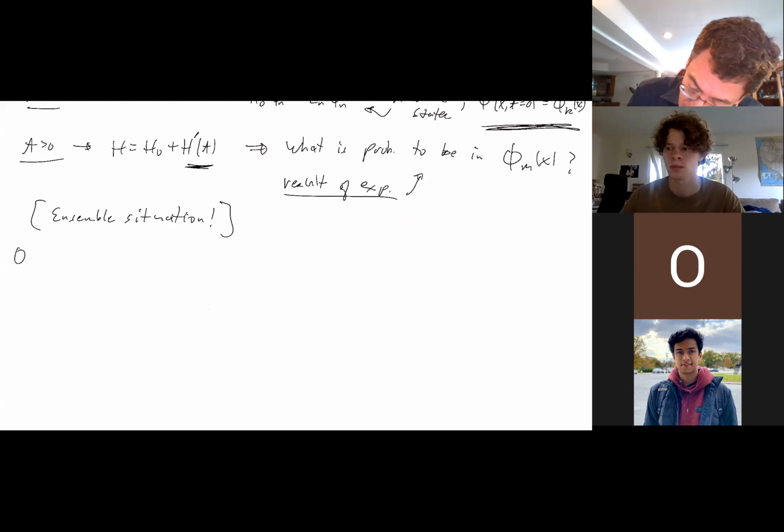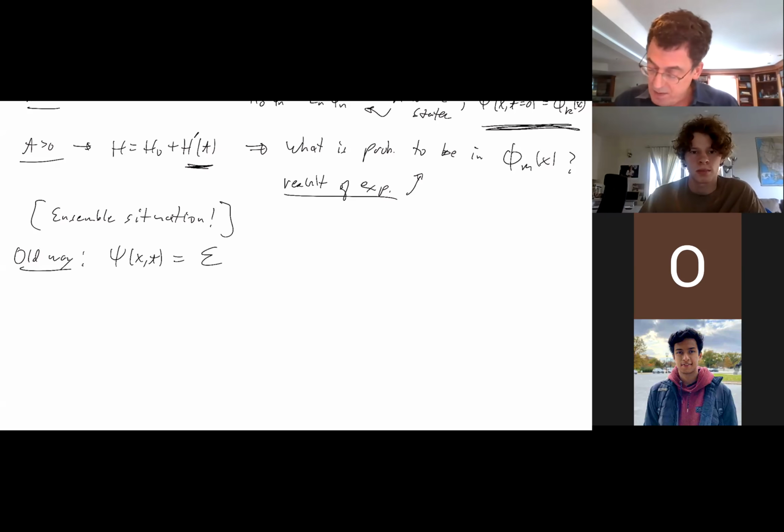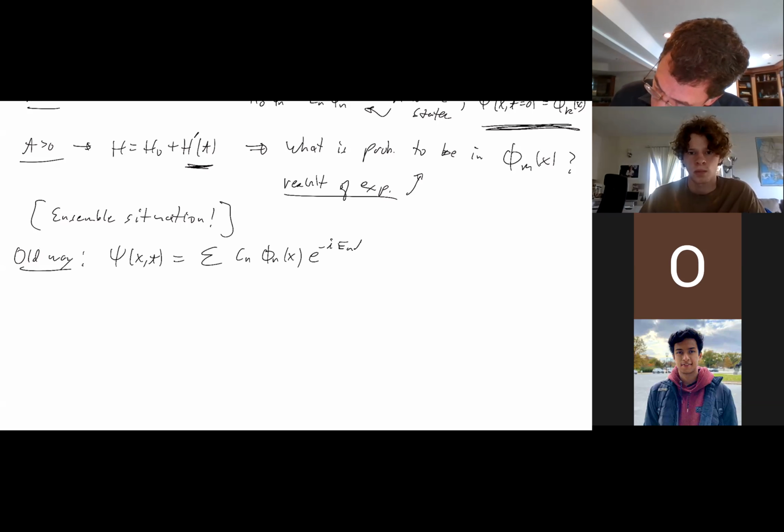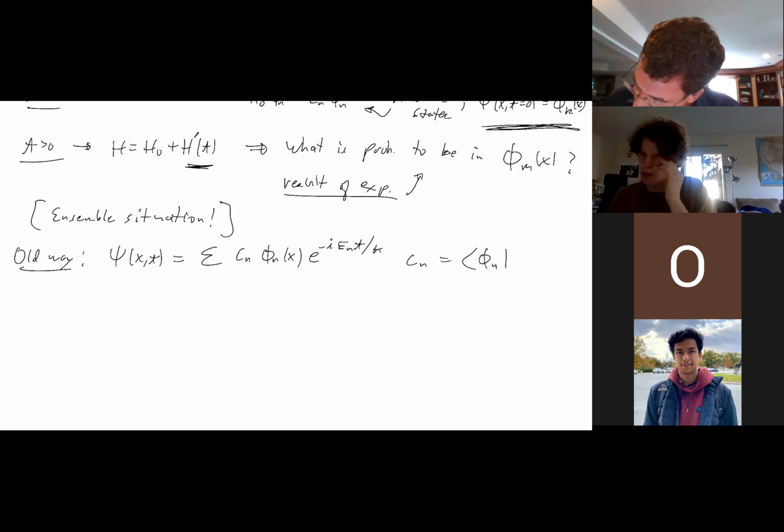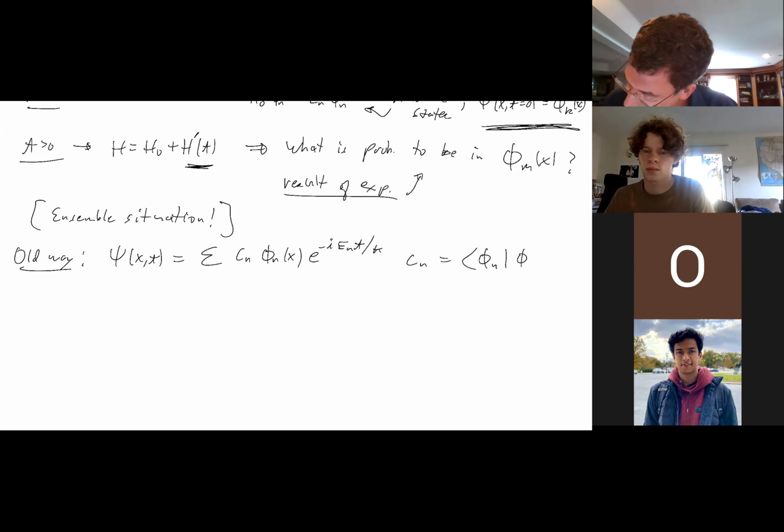So the old way is that we would have psi of x, t equal to some constant C n times phi n of x times e to the negative i E n t over h bar, where C n is the overlap of your wave function at time t equals 0.